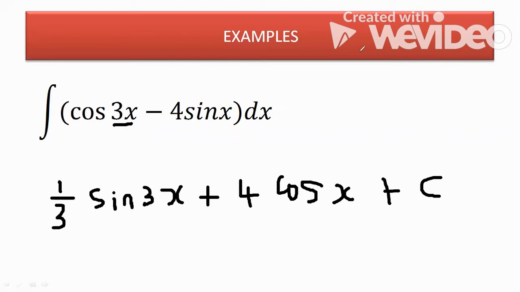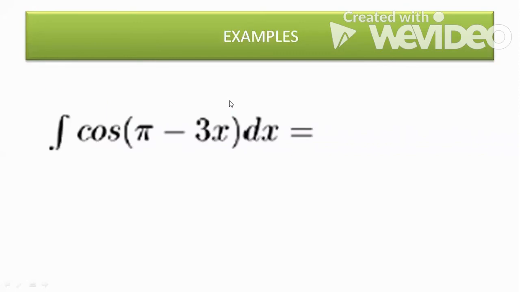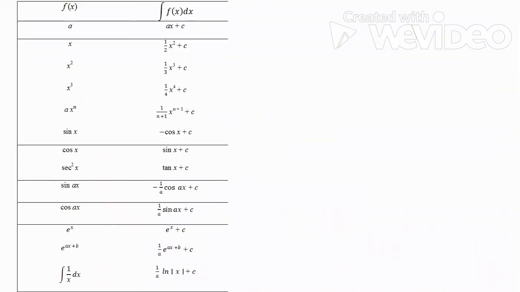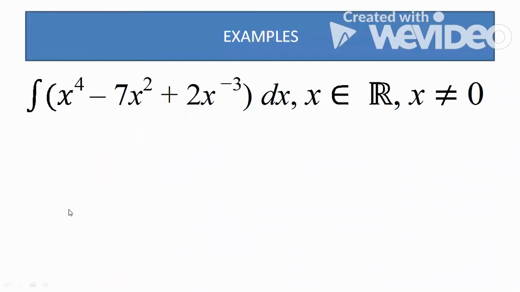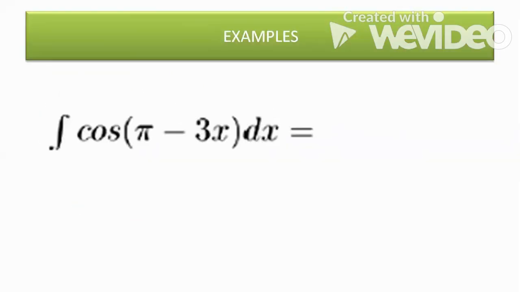Alright, moving on. Yet again, if we integrate cos x, let's go back to the formula sheet, it is actually one of these, the one with cos ax. Notice that pi is just a number, not true?